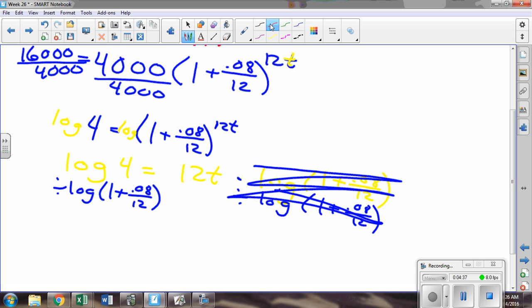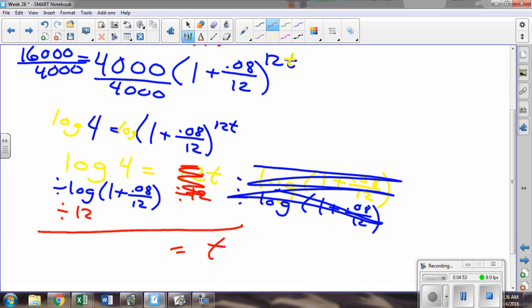What else do we need to do? Absolutely, we have to divide by 12. And after the multiply by 12 and divide by 12 cancel each other out as inverses, we have t is equal to a whole bunch of stuff that we can put into our calculator: the logarithm of 4 divided by the logarithm of blob, divided by 12. Alex, you said you have it, so what is it?